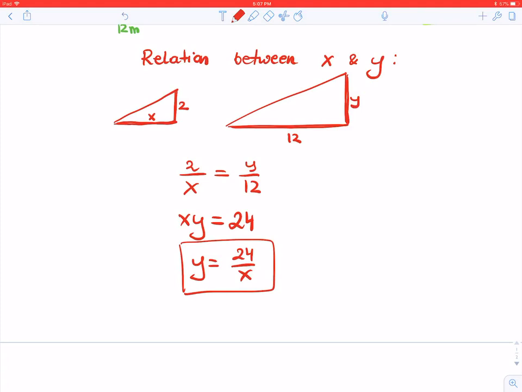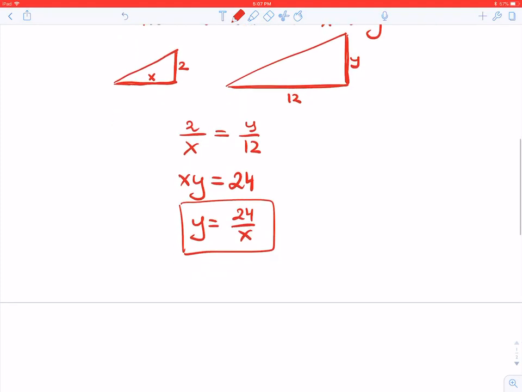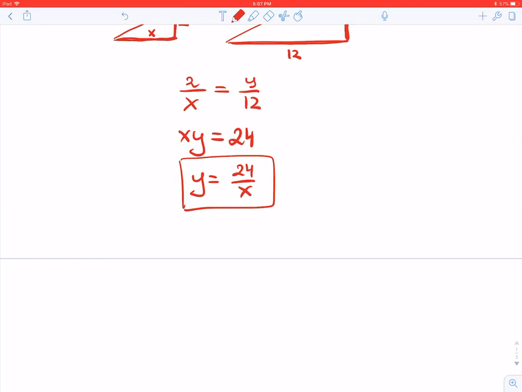Now we need a relation between dy/dt and dx/dt. So we will differentiate with respect to t my left-hand side, and I will differentiate with respect to t my right-hand side, where y is a function and x is a function which depends on t.